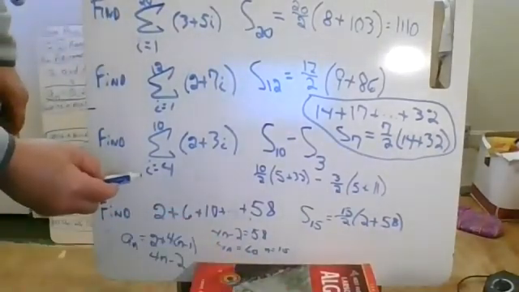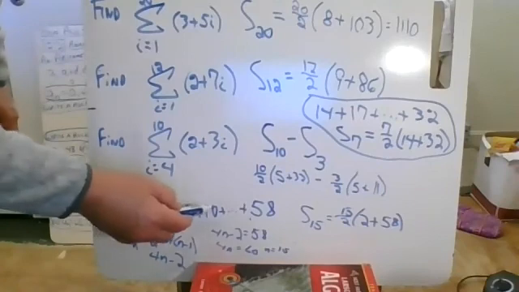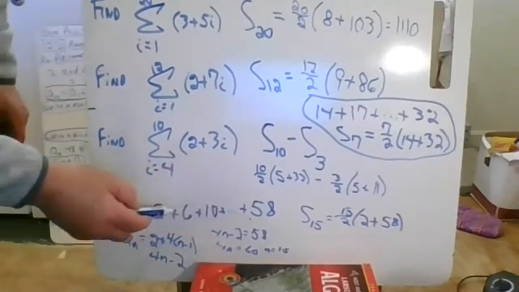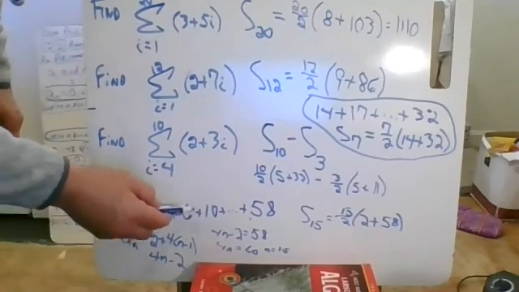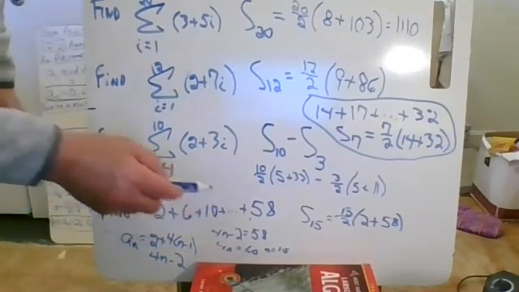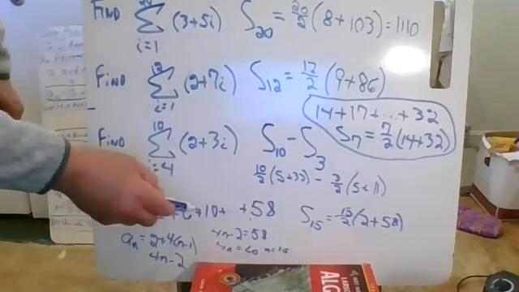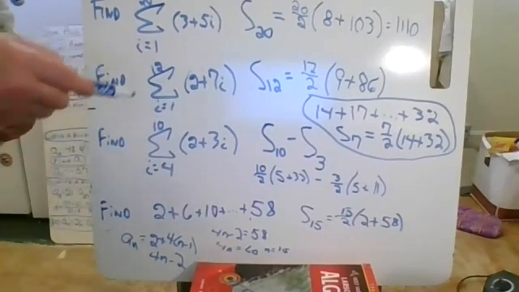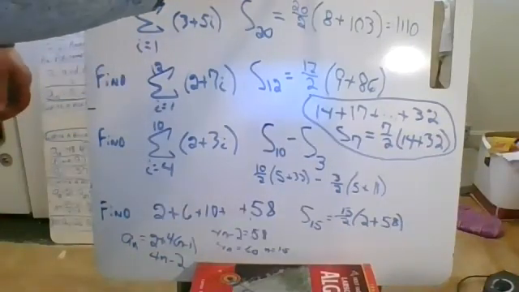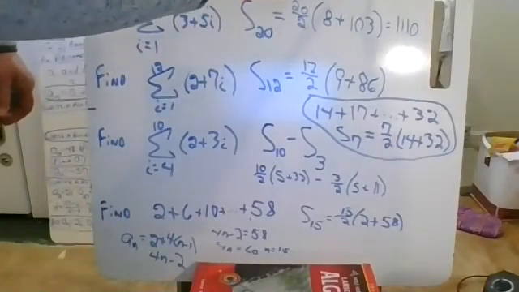So you have to know how to use the S sub n notation when you're given a series of numbers. And you need to find the a sub n formula for those numbers so you can find the n. We need to know how many numbers we're adding up. We need n. Look at the formula. You need n, you need a sub 1, and you need a sub n.